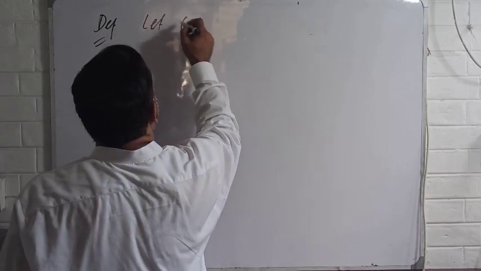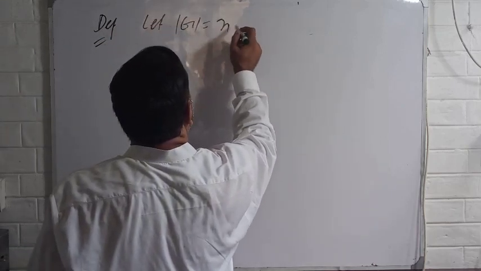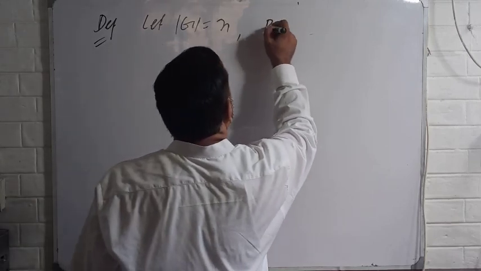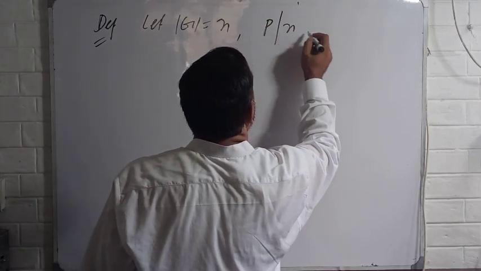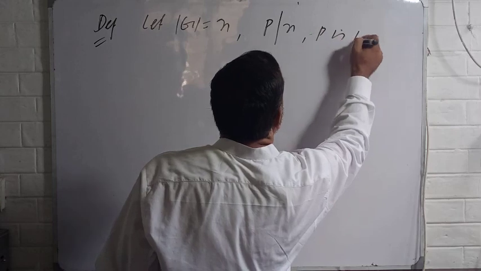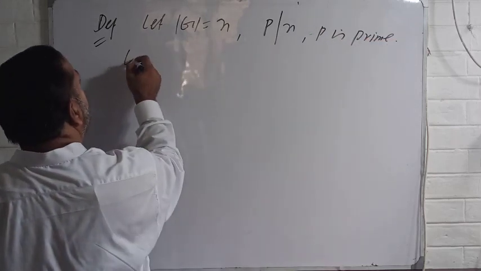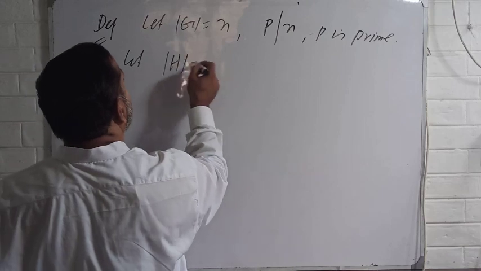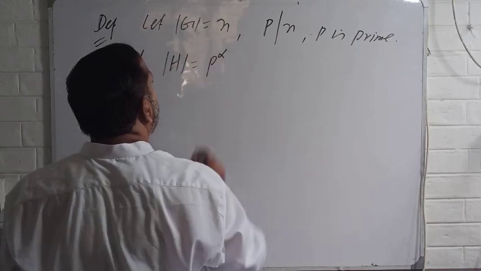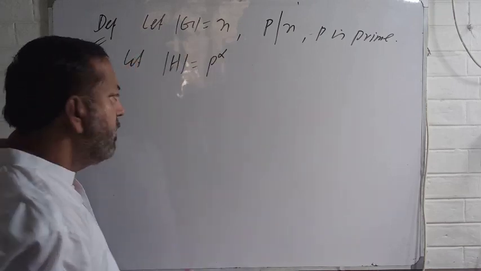Let the order of G be equal to n and p divide n, where p is prime. Let the order of H be equal to p power alpha, right?